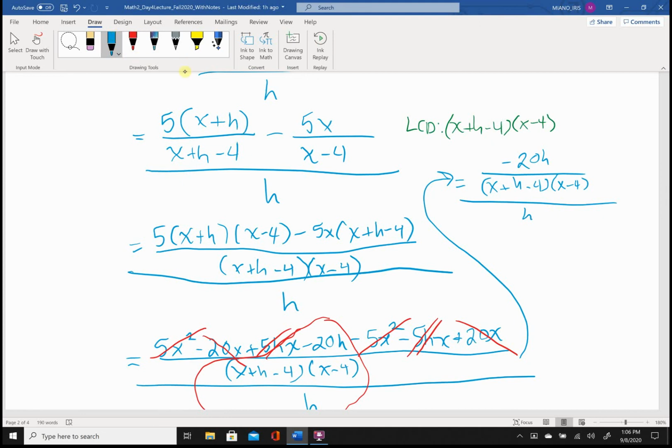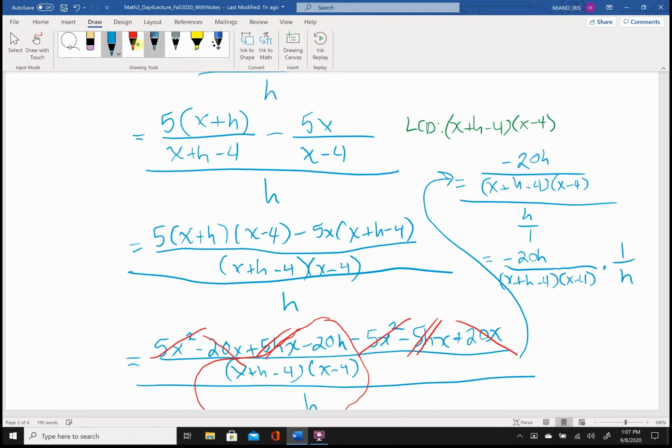You can also call it dividing by an h over 1, which I think is useful for thinking about how to deal with dividing by this. So it'll be negative 20h over x plus h minus 4, x minus 4. And then you'll be dividing by h over 1 or multiplying by the reciprocal of 1 over h.